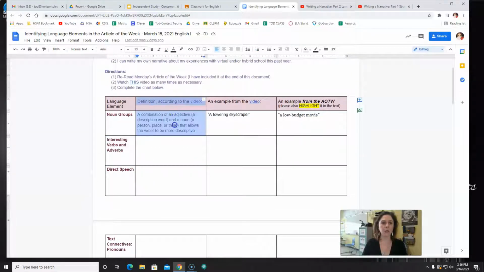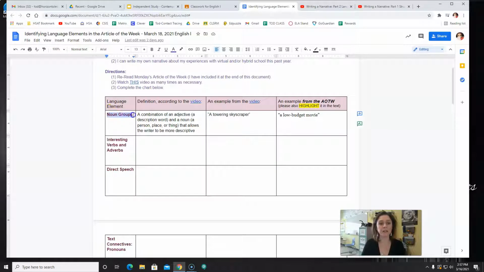In the second, I want you to write the definition of that according to the video. In the third column, I want you to give an example of that language element from the video. And then in the last column, I want you to find an example of that language element in the article of the week. And I also want you to highlight it in the text. So we'll do the first one together.